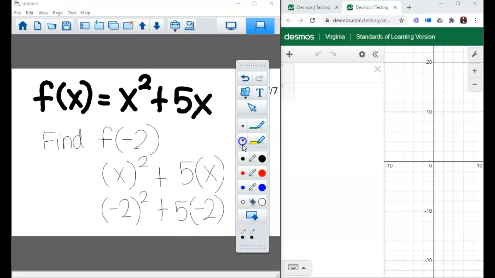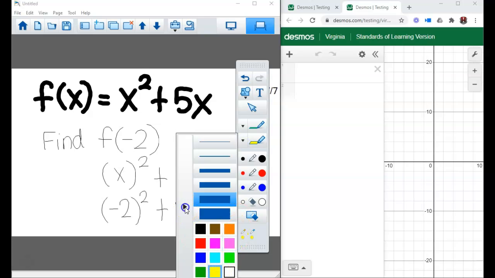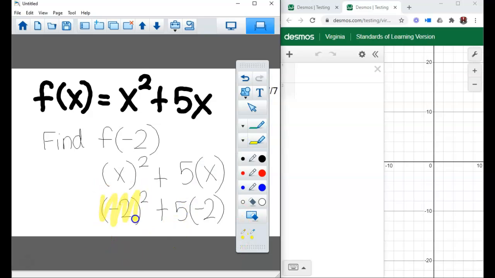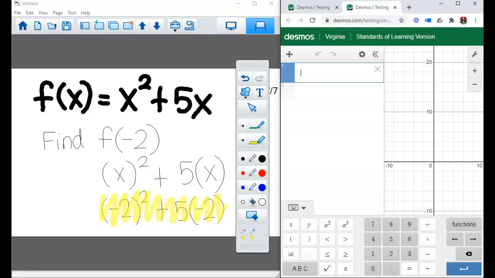Now, this last line here is what you're actually going to type into your Desmos calculator, and you have to make sure that you use the parentheses. So I'm going to come over to my calculator and show my keypad. I'm going to do parentheses, negative 2, close my parentheses, and then hit my squared button.